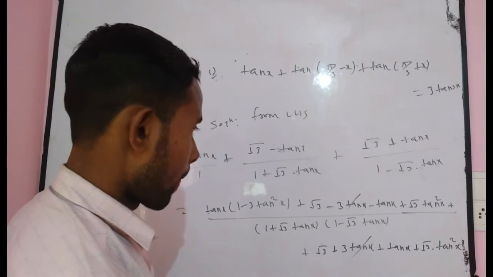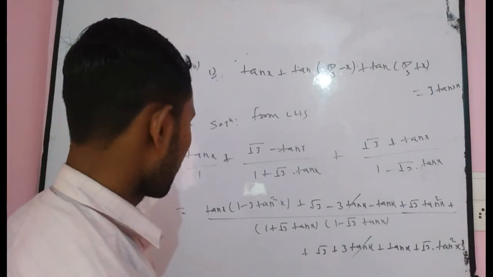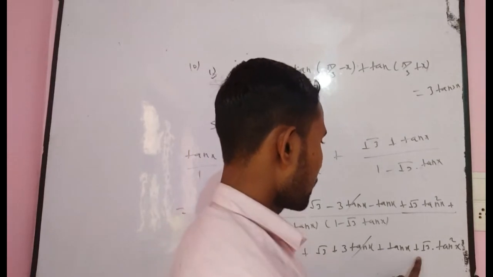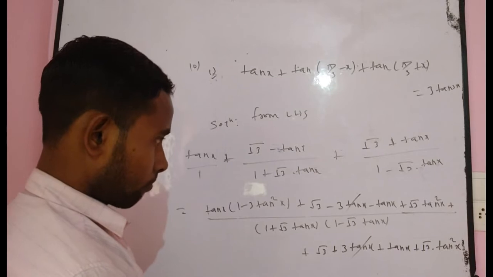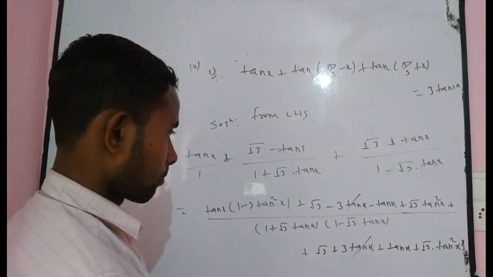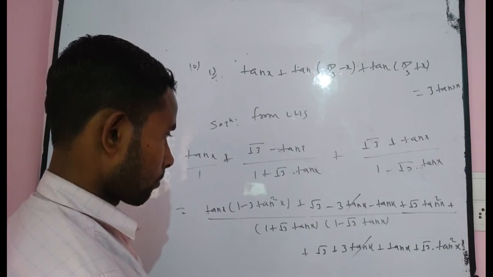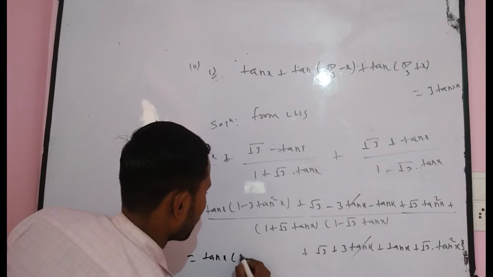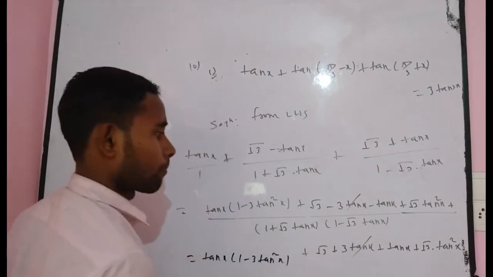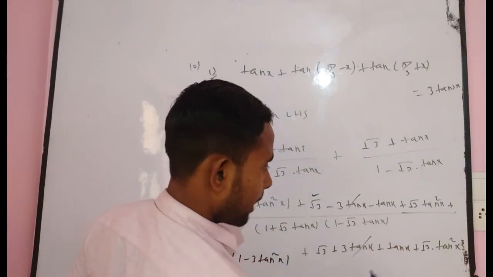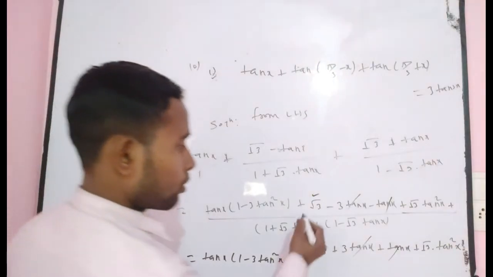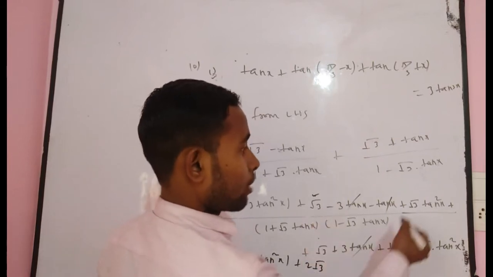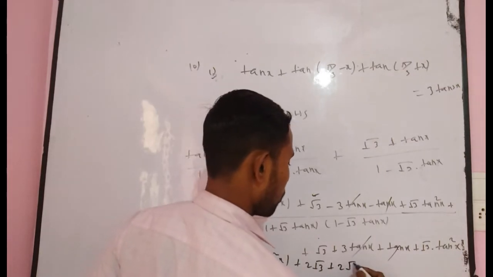Simply 2√3 tan² x. Now, can you write it as tan x into (1 − 3 tan² x) into √3, plus, I think both terms are removed here, then you get √3 plus √3, 2√3, and √3 tan² x plus √3 tan² x will be what? 2√3 tan² x. Can you write?